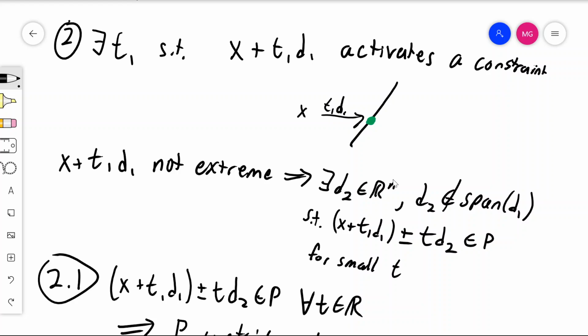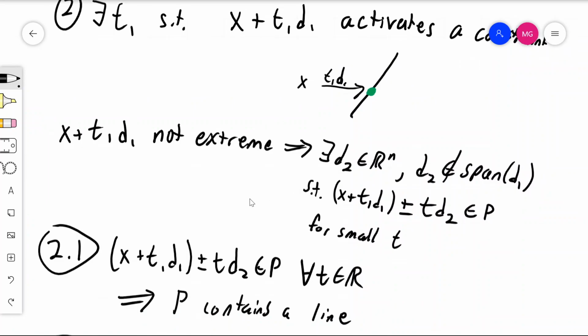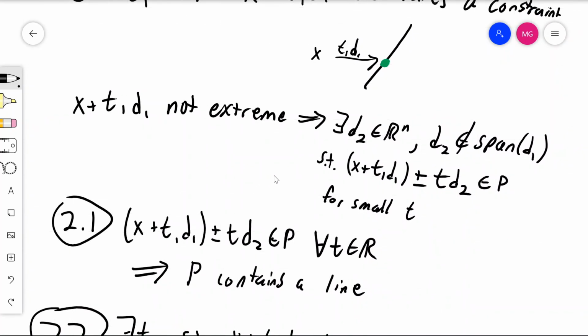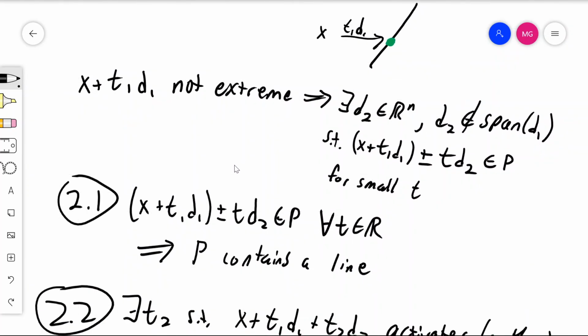This point is not extreme, so we have to be able to perturb in some direction, and that direction cannot be in the span of d1 because if it was, that would have meant that we could have gone further in the direction d1 than we already did, but we've gone as far as we possibly could. So we can't go any further in that direction. So we have to be outside the span of that. So d2 is not in the span of that, and so now it's just kind of the same thing all over again.